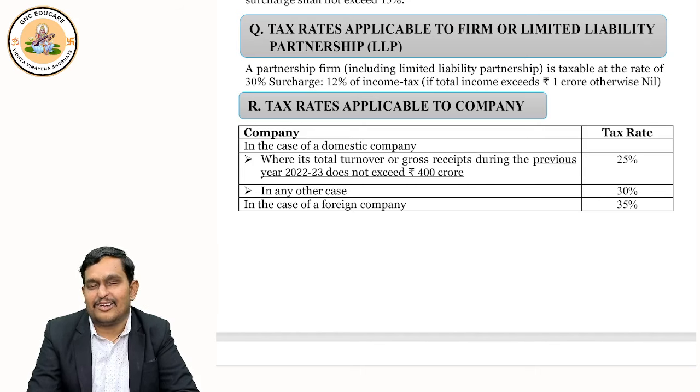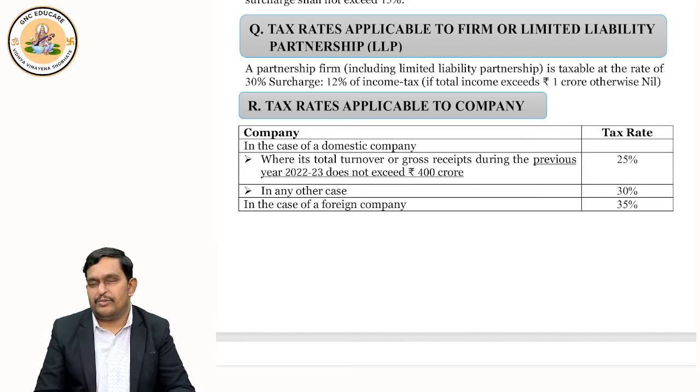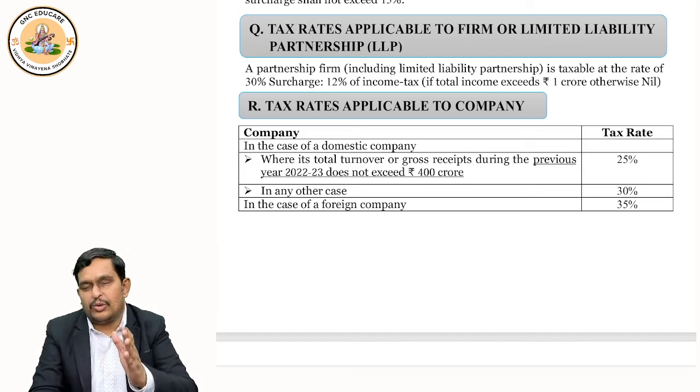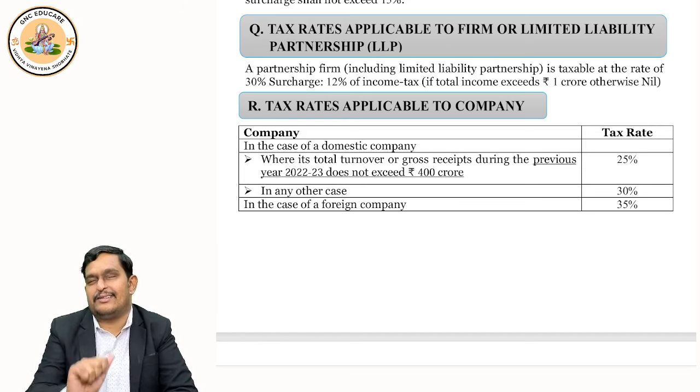Okay. Suppose your income goes above 1 crore, and you are a partnership firm or a limited liability partnership, either of the two, and your income goes above 1 crore, then 12% surcharge will apply. That means not only 30% tax, but also 12% surcharge.